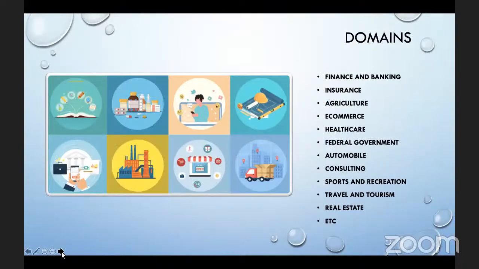So yesterday, I think we got up here, right? We talked through a couple of domains here: finance and banking, insurance, agriculture, e-commerce, healthcare, federal government, automobile, consulting, sports and recreation, travel and tourism, and then real estate.